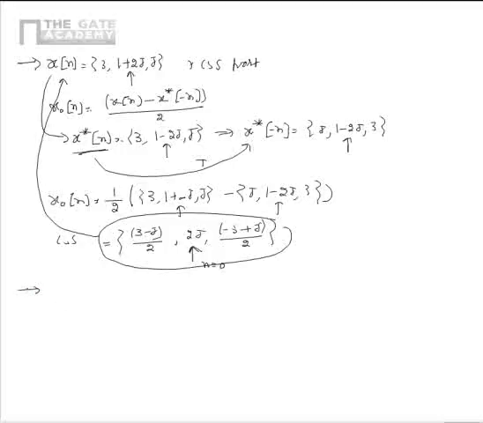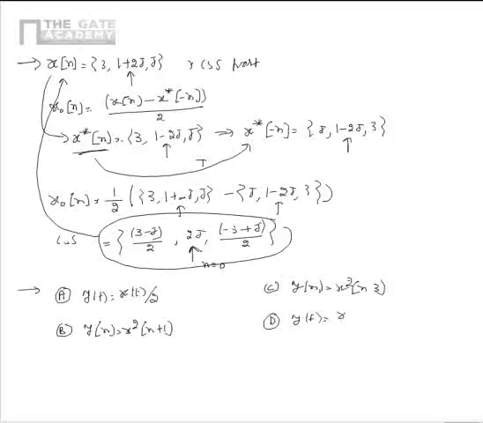Now let us consider another problem. There are four systems given in the options A, B, C, and D. The systems are y of t is equal to x of t divided by 2, y of n is equal to x square of n plus 1, y of n is equal to x square of n minus 3, y of t is equal to x of t plus 2 divided by 3.